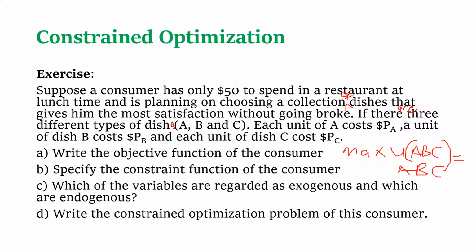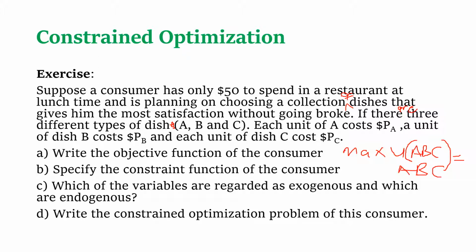Now, specify the constraint of the consumer here. What is the constraint of this consumer? The consumer here wants to make choices on what type of dish he needs to buy in order to maximize his happiness. But he's faced with three dishes, and he has to make sure that he's living within his budget of $50, right?